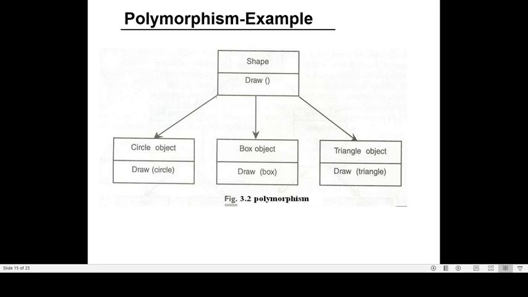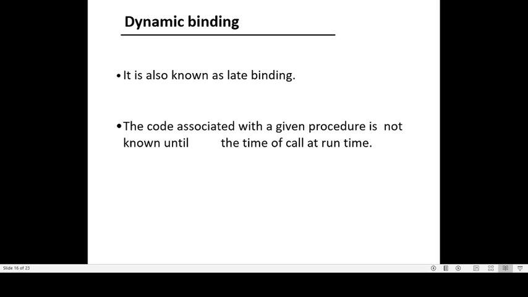You see the figure for polymorphism. Shape, draw. Here you can draw a circle or box, triangle. Shape is a single unit. It has circle, box, triangle. If you represent it like this, it is called polymorphism.